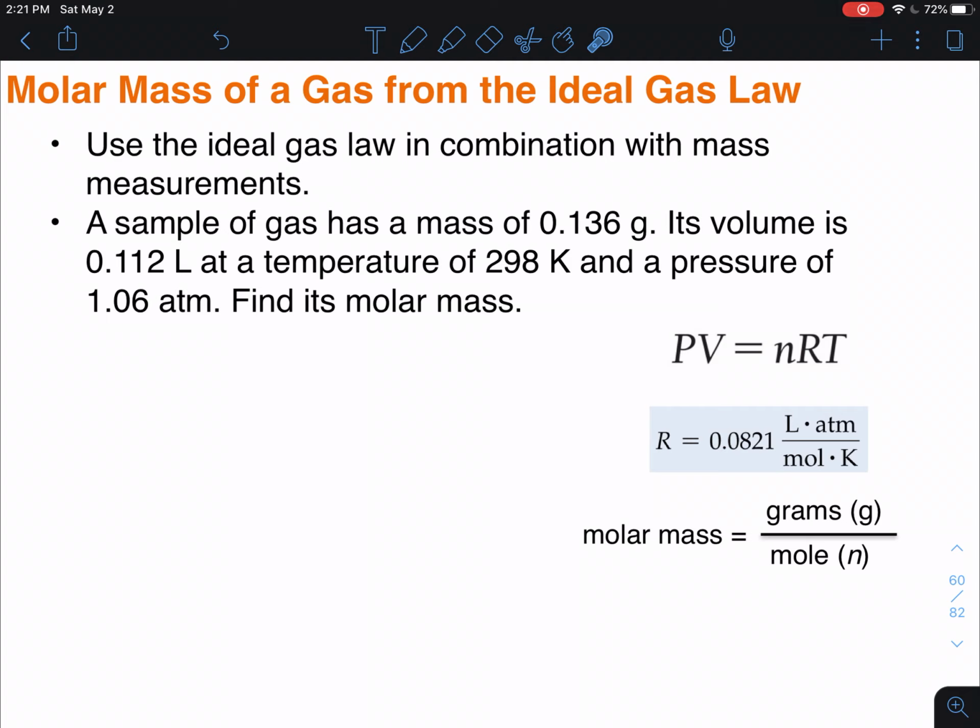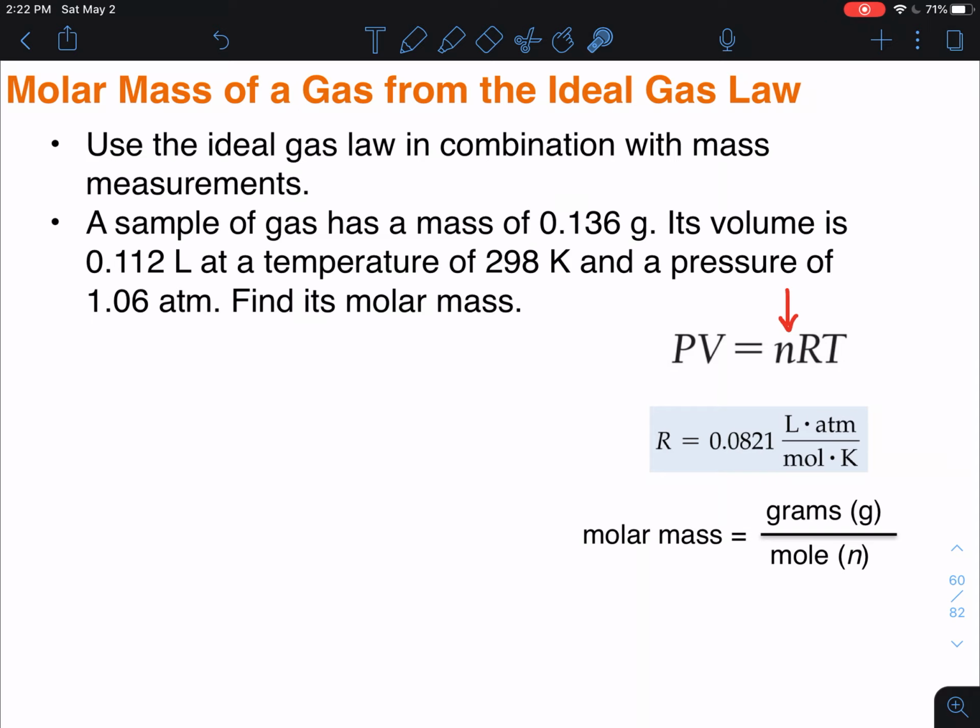Remember, molar mass is grams per mole. So if you solve for n, and then you put n in the denominator, and you have a certain given amount of mass in the numerator, you can solve for the molar mass of the gas, okay?